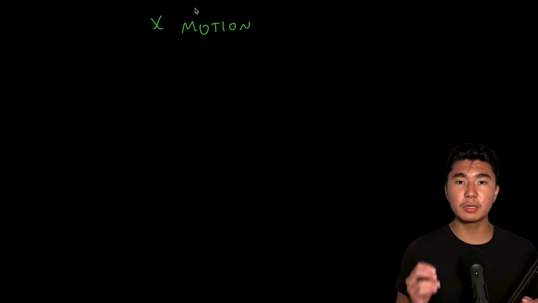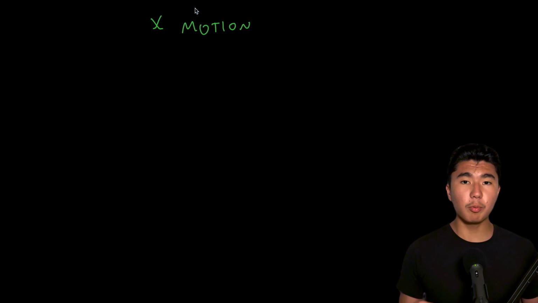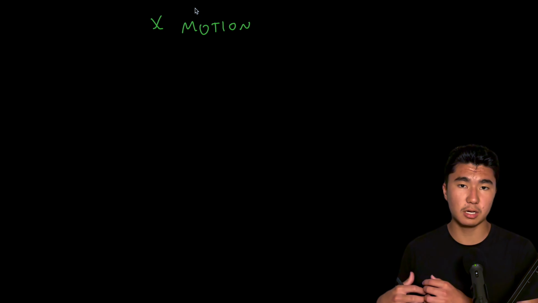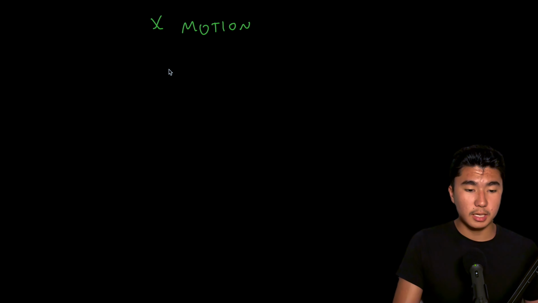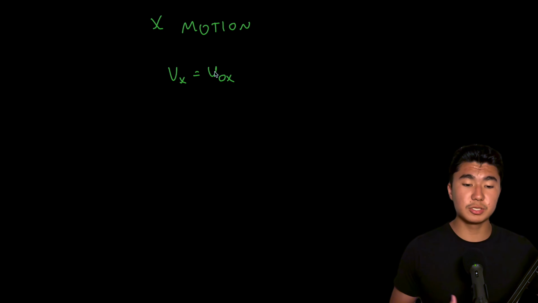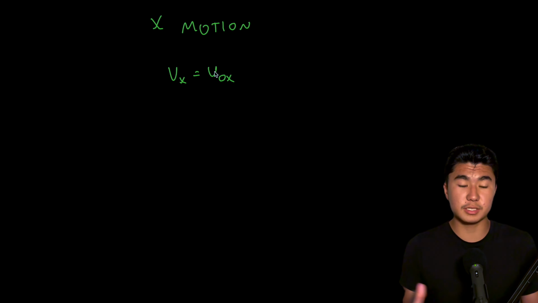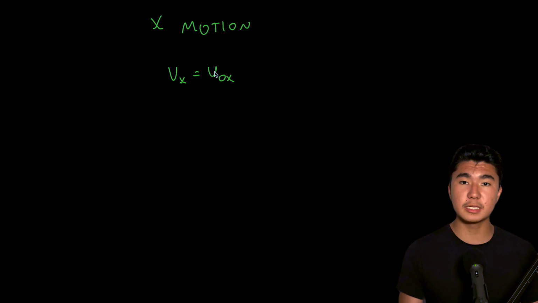So if you remember from the big three, we're just going to be using some of those. Specifically, if we look at horizontal motion, and I'll just model it by x motion, our acceleration is going to be 0. So there's no point in using one of the big three equations that has acceleration, because we know that acceleration is going to be 0 because velocity is constant. So the equations we're going to use: our velocity initial is going to be velocity final, or just the velocity entirely, because we're saying that velocity is constant throughout this projectile motion.